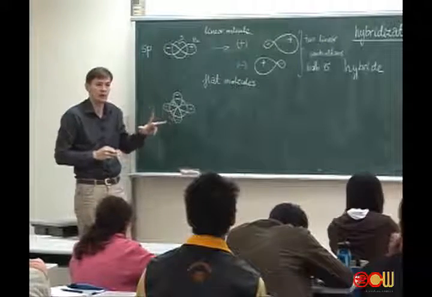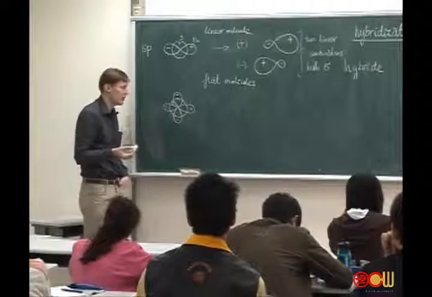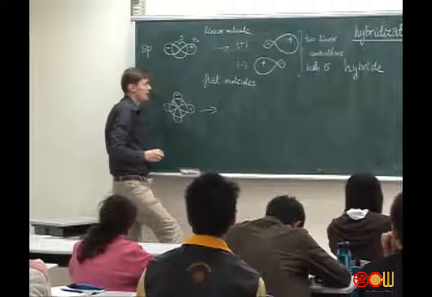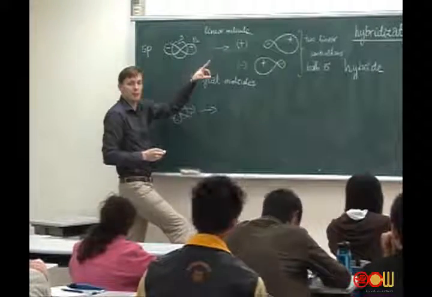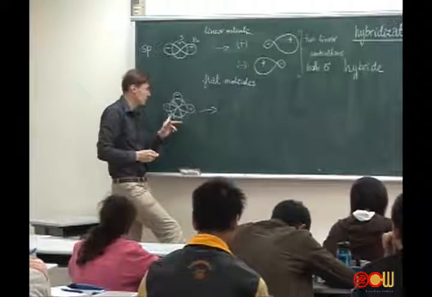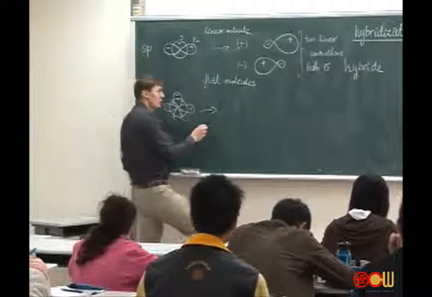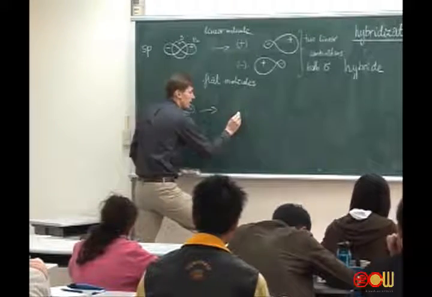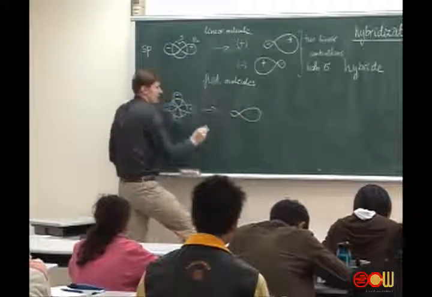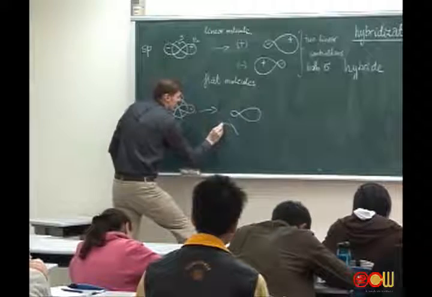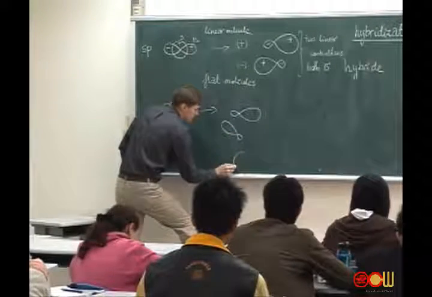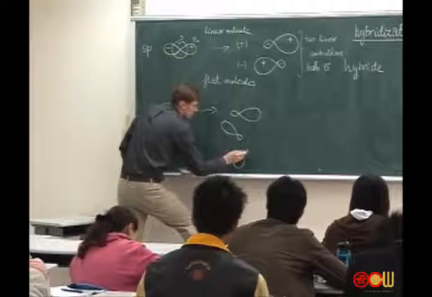Here I have three orbitals, which give me three linear combinations. And there it was just simply plus, minus. Here it is more than plus and minus. There are some coefficients. I don't remember what the coefficients are, but you get three orbitals. The orbitals look like that. One of them is like that. The other one looks like that. And one more looks like that.